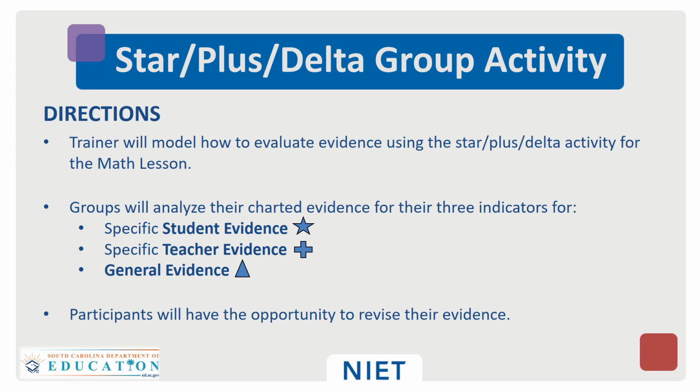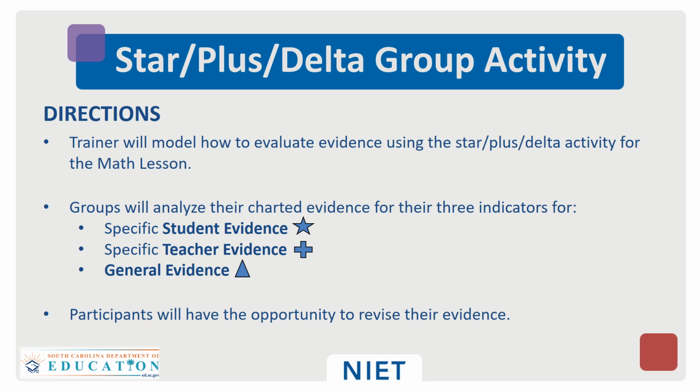The receiving group will label each piece of evidence on the chart paper with a star for student evidence, a plus sign for teacher evidence, and a triangle for general evidence. The goal here is to have more stars and plus signs than triangles.